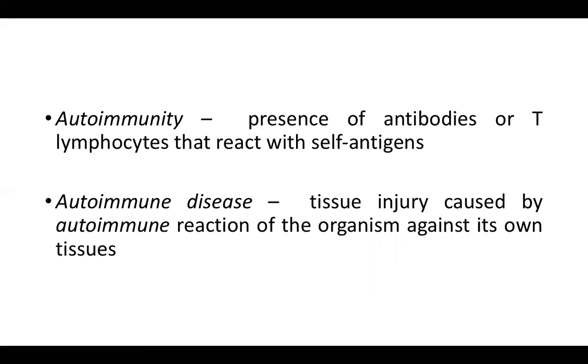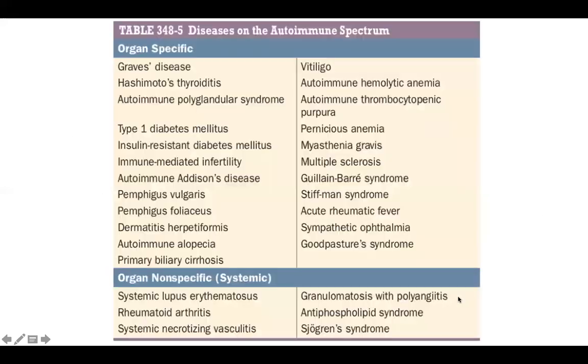Or even some antibodies may get formed if you have suffered an injury, but that was a result of injury rather than the reason for the injury. Autoimmune disease is when the injury results from the immune reaction itself. That is the difference between the two.